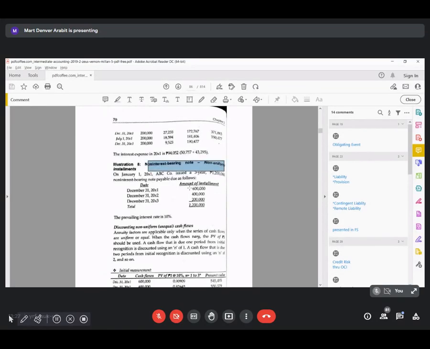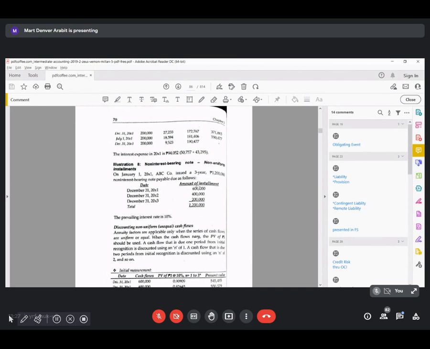So the installment will differ per year. So you cannot compute it using an annuity. Why? Again, ordinary annuity works only if the future cash flows are expected to be uniform. They are the same, annual equal installments. That is its definition. So in this case, we cannot compute the present value using ordinary annuity.